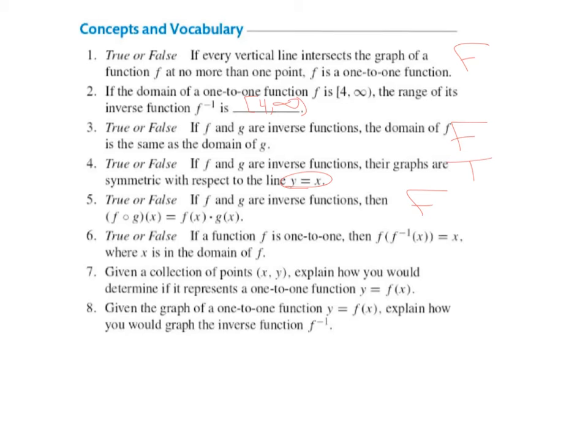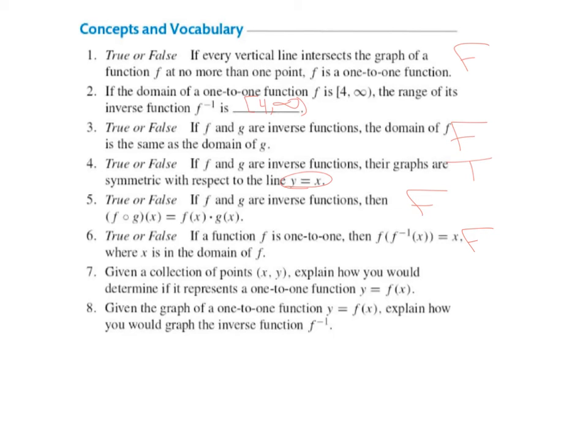If a function is 1-to-1, where x is the domain of f. No, x would be in the range of f. I'm going to go with false. I might have gotten that wrong. I'll check it later.